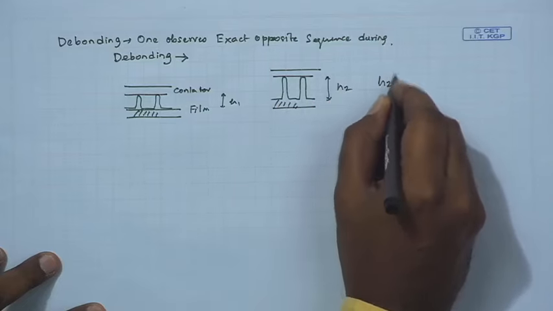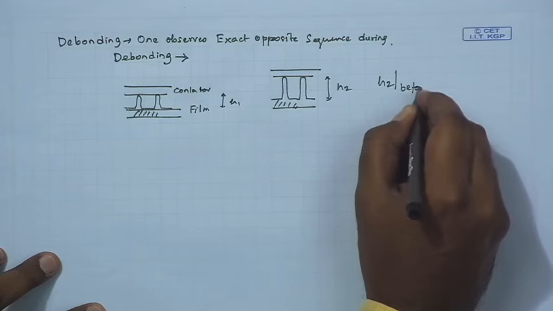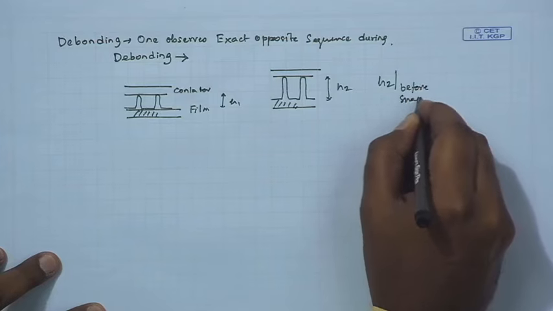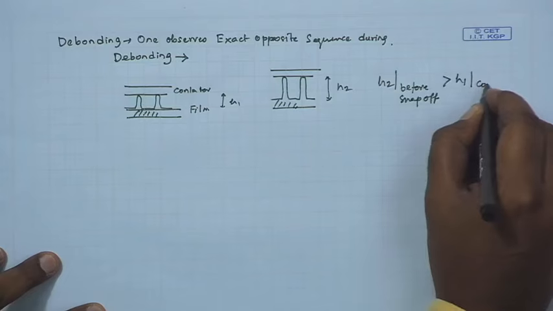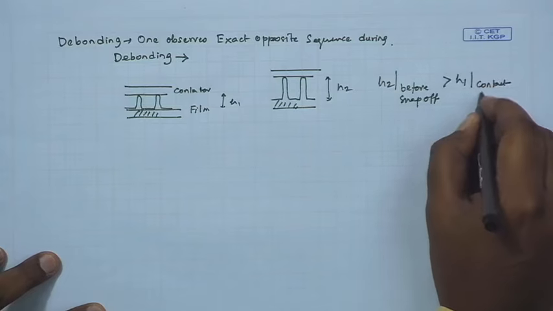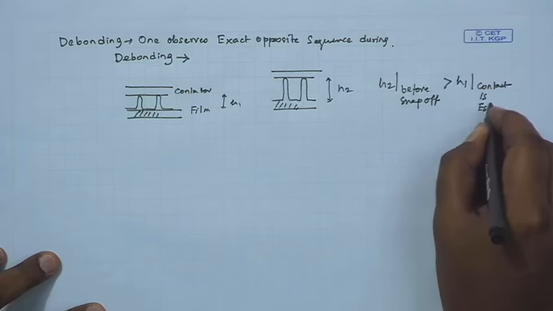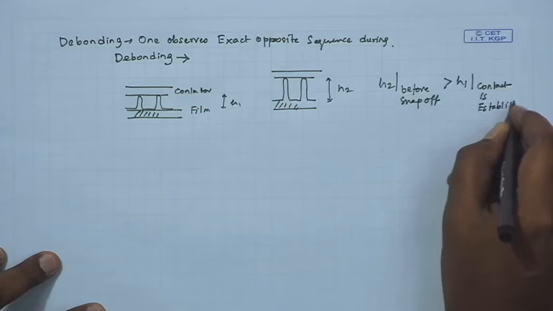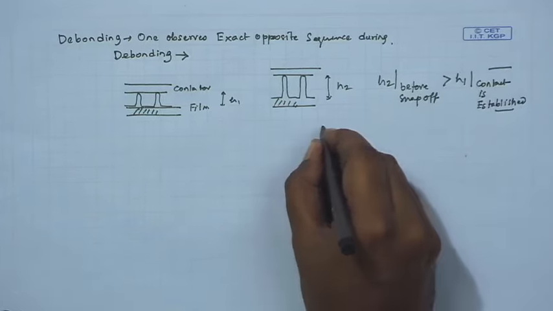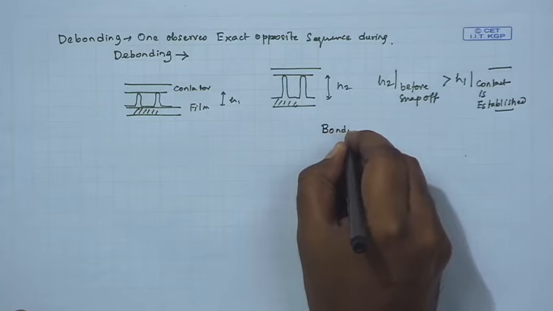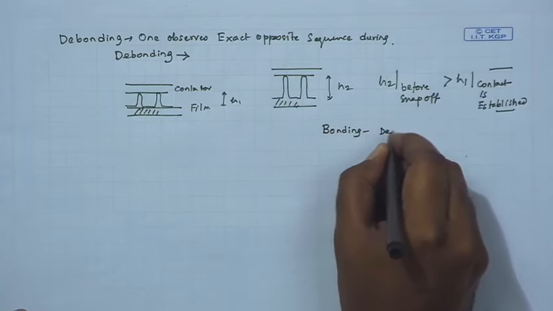So, H2 before snap off is greater than H1 at which contact is established. This is what is referred to as the bonding debonding hysteresis.